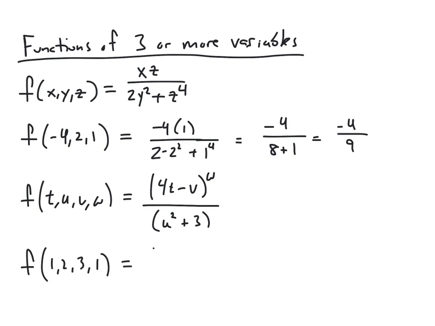We just have to pay attention to which variable is which. So this would be 4 times 1 minus v, which is 3, raised to the w, which is 1, over u squared, so that's 2 squared plus 3. And so we get in the numerator a value of 1, and in the denominator, we have 4 plus 3, which is 7. So f of 1, 2, 3, 1 would be 1/7.